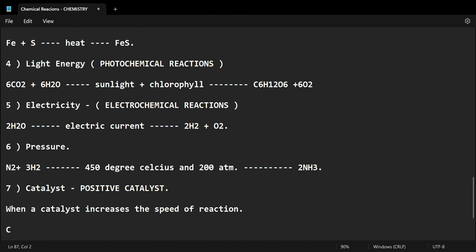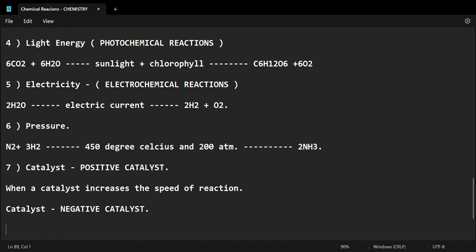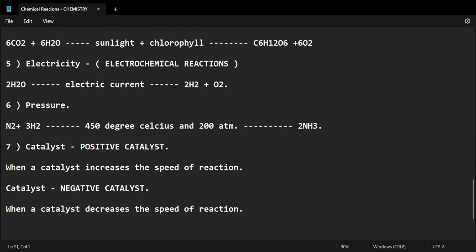And the negative catalyst is when a catalyst decreases the speed of reaction. One increases the speed and the other decreases the speed.